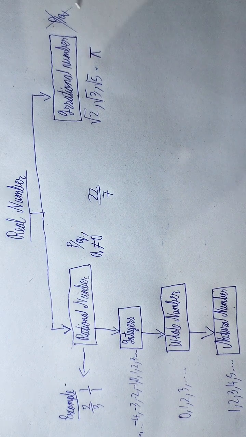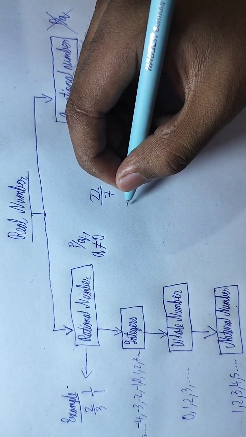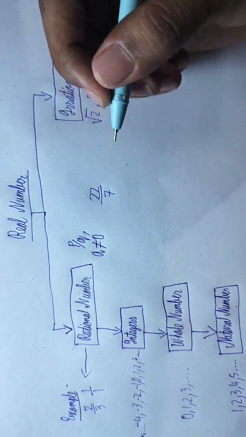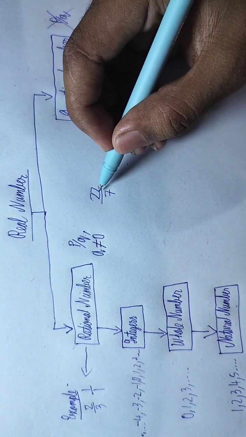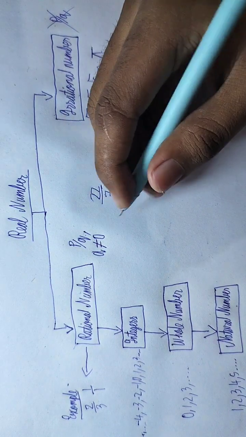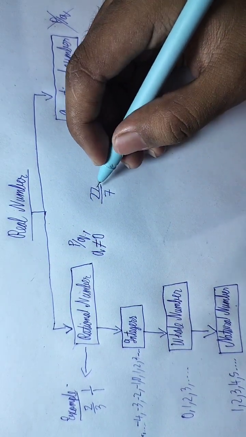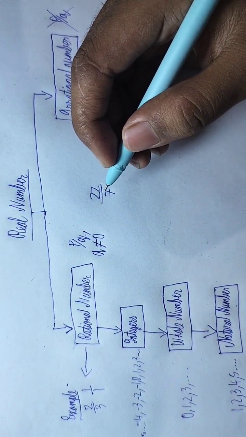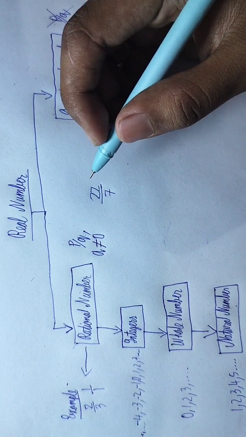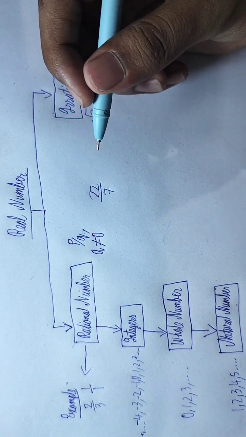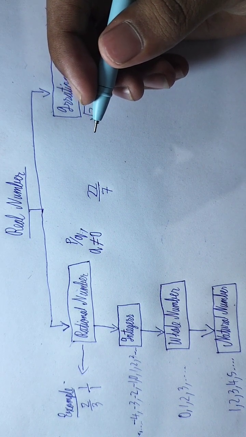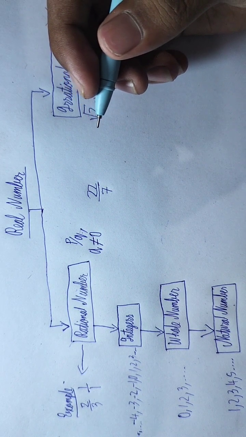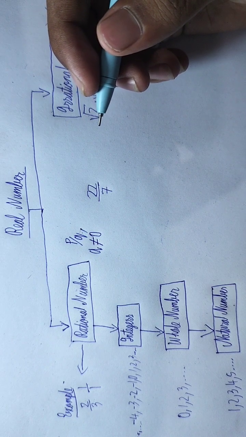Let me prove whether it is irrational or rational number. It is written in p by q form. If we divide 22 by 7 and we get a repeating number, then it is a rational number. If we do not get a repeated number, then it is an irrational number.